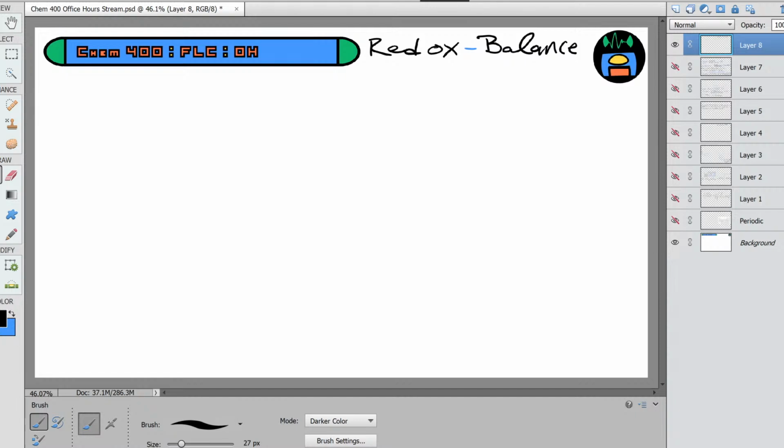Hang on, I've just got to pull up a scratch piece of paper to make sure that I actually make a problem that's solvable. Okay.